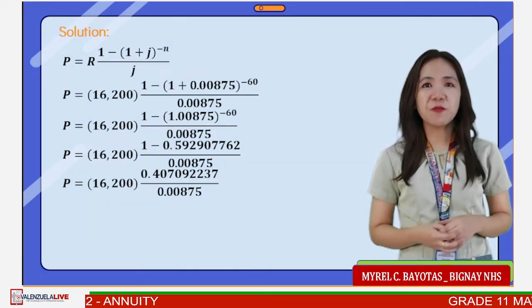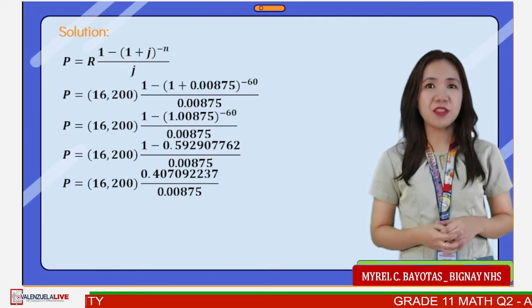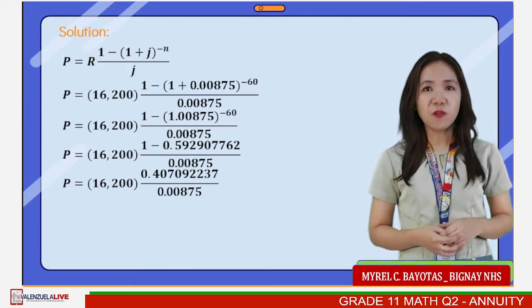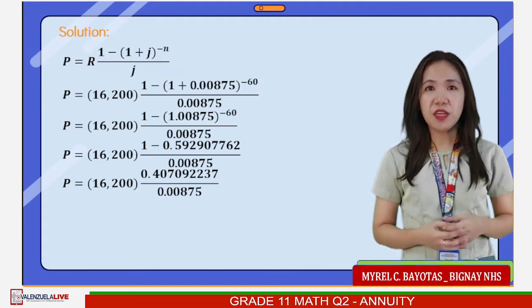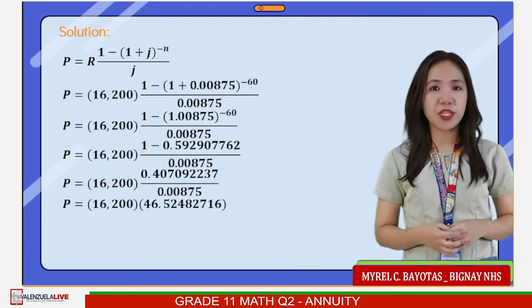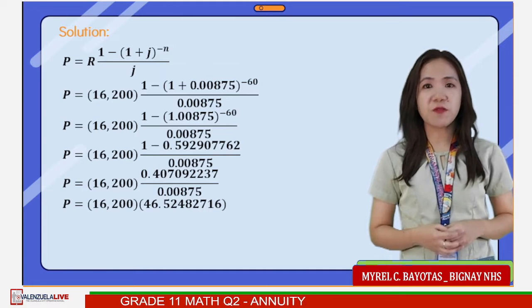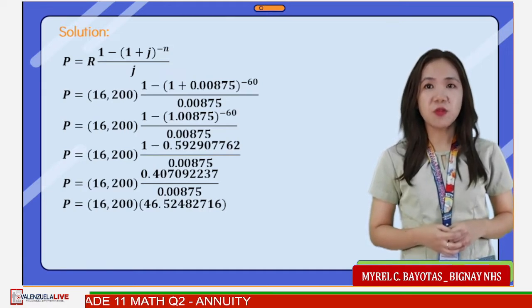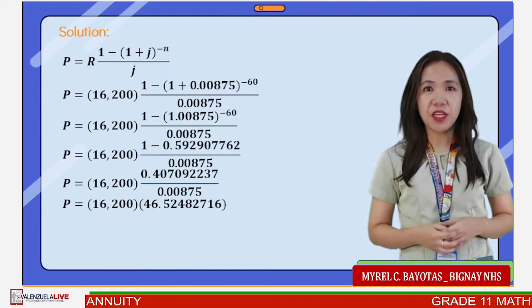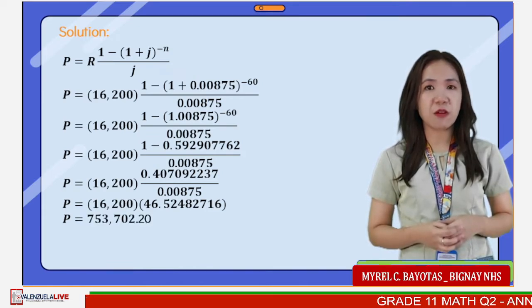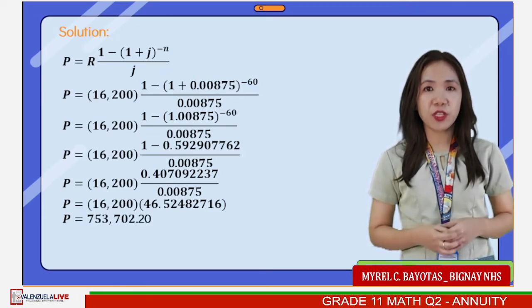Divide 0.4070922237 over 0.00875. P equals 16,200 times 46.52482716. And finally, multiply. P equals 753,702.20.